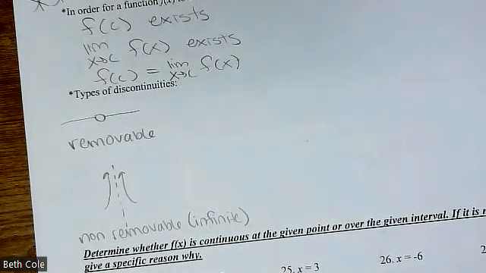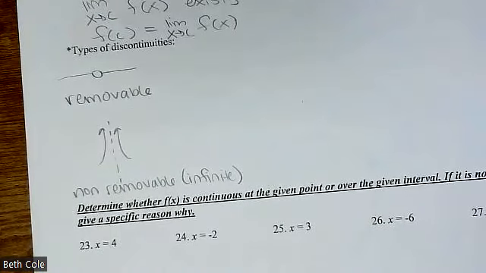That's an infinite discontinuity, which should make sense. The arrows are going up forever. So it's called non-removable, but specifically an infinite discontinuity. So those are the ways you can break the first rule.